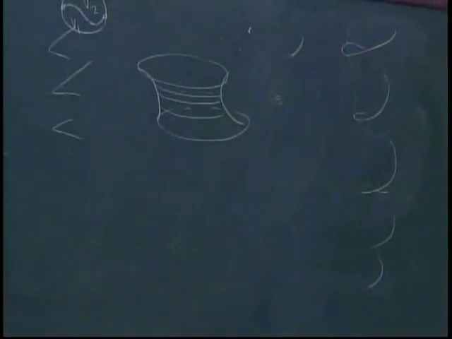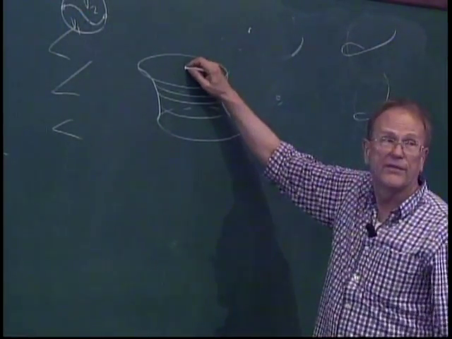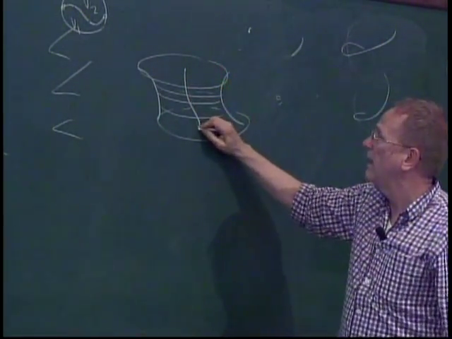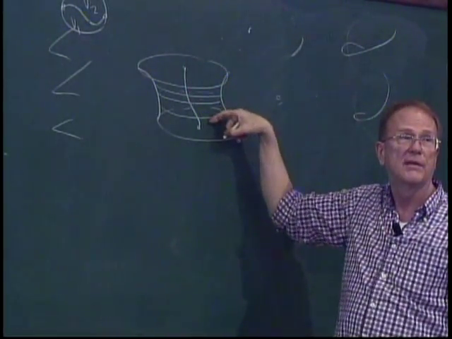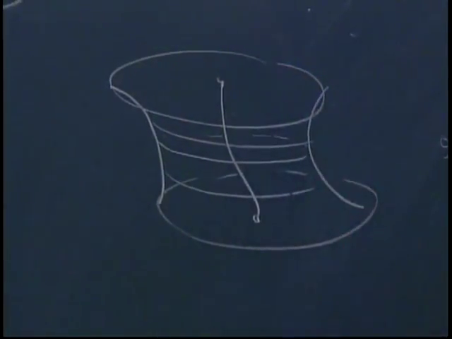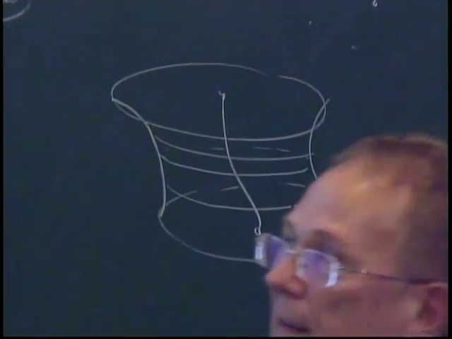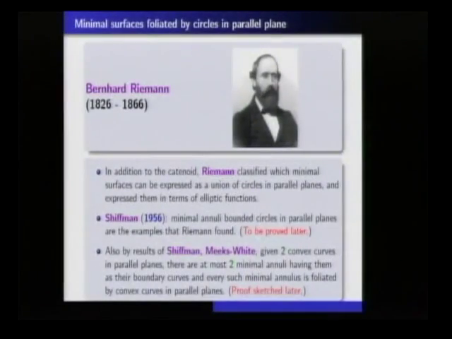If he got circles, notice there's a center of the circles, and he actually described the curve of centers of these circles in terms of elliptic curves. So he had a very nice explicit description of all the examples.